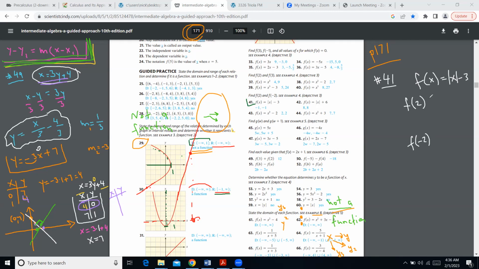In other words, I just need to replace these numbers, +2 and -2, into my function. So I put, instead of the letter x, the number 2, just like that.